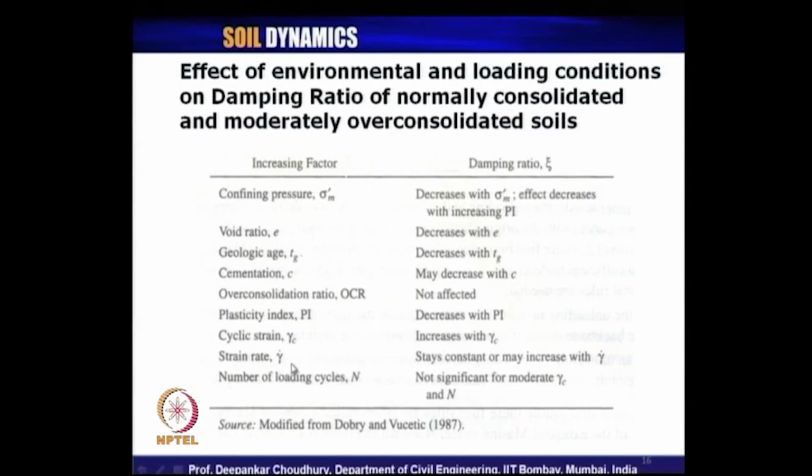And with number of loading cycles, the change in damping ratio is not significant for a moderate value of applied cyclic shear strain. So, these are the effects of environmental and loading conditions on the damping ratio value of normally consolidated and moderately over consolidated soils.